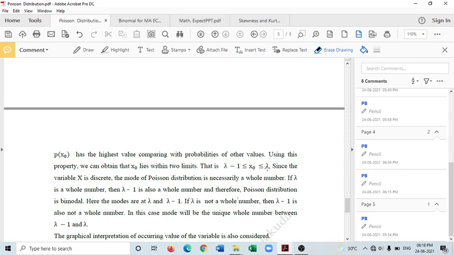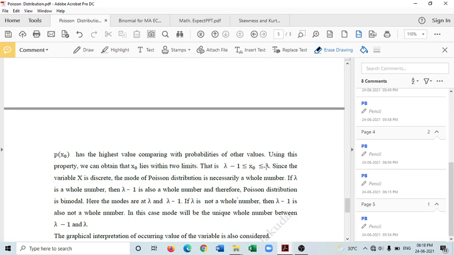At the same time, lambda cannot always be a whole number, because lambda is actually the mean of Poisson distribution. The mean of Poisson distribution may be any number greater than 0, a non-whole number also.